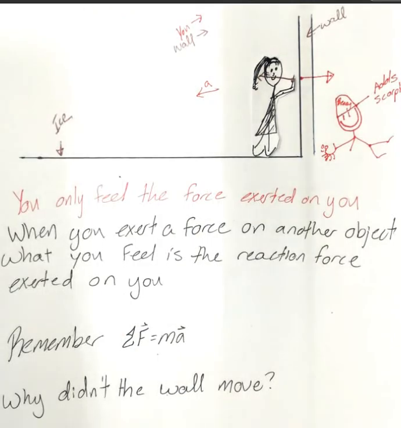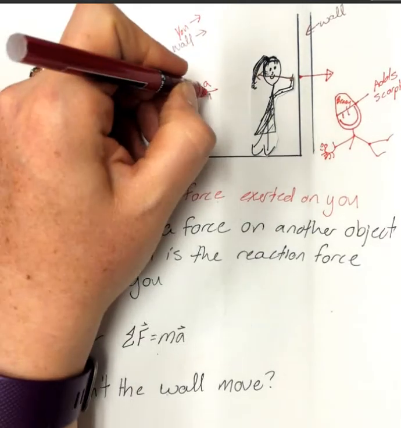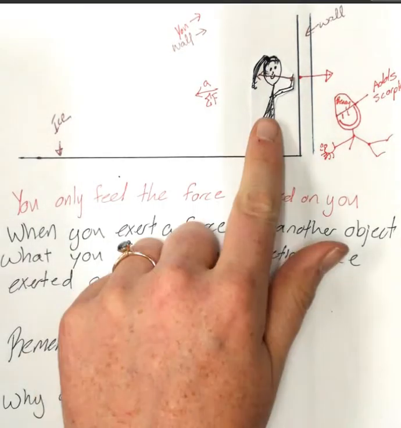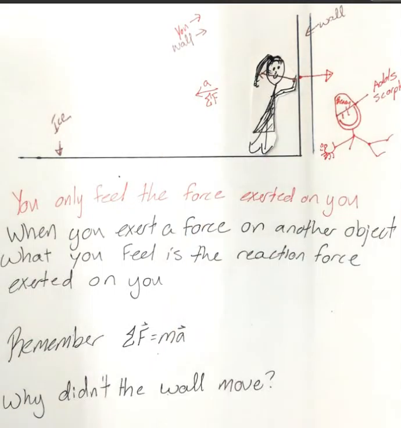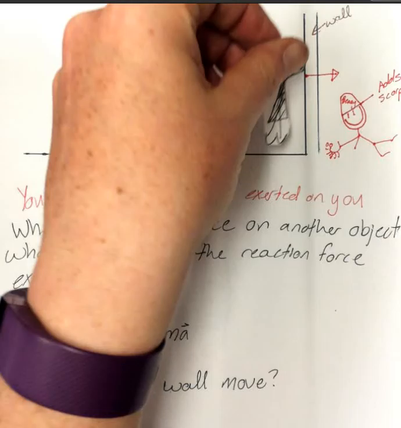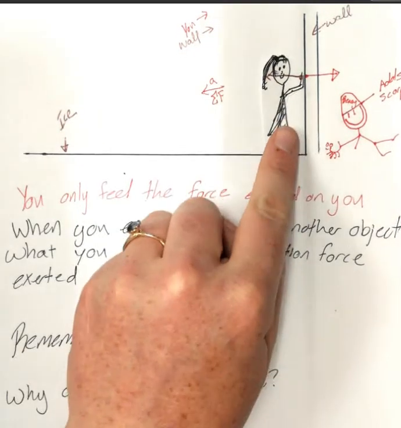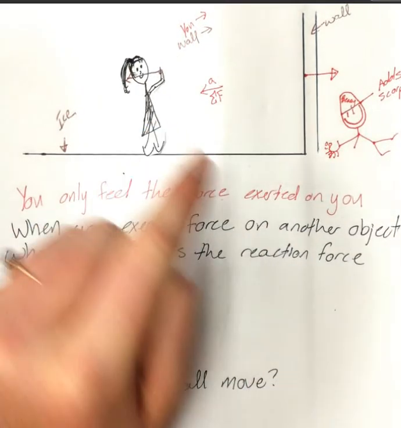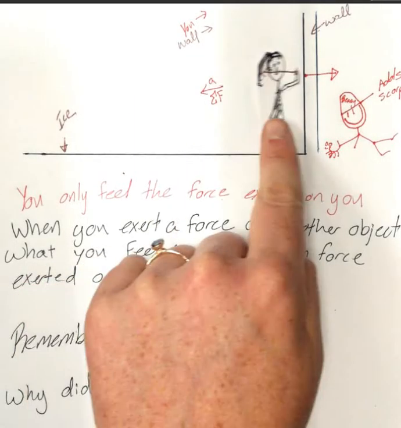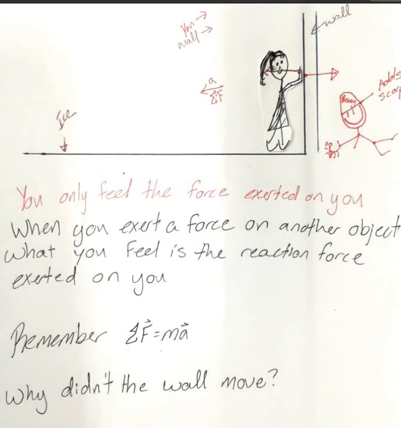So that means that your force had to also be in that direction, because if you pushed that way and you experienced your force, then you would accelerate into the wall, into Benny and the scorpions, and that's just not the way the world works. When you push against a wall, you move that way, which means you experienced a force that way, because it's the only way you could have accelerated from rest in the leftward direction. All right, so what that means is that the push couldn't have moved you. It's the force from the wall that actually moved you.